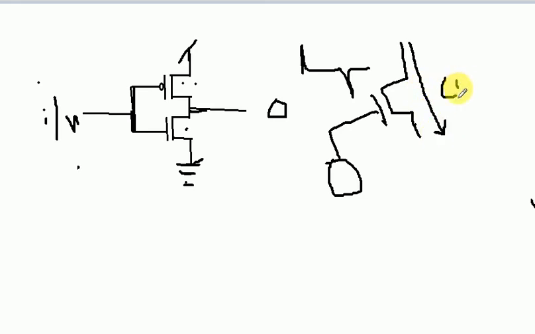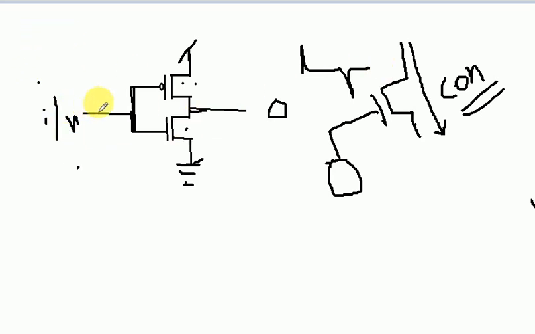That is, in steady state there is constant current and power dissipation. So this may also be a reason that we use CMOS instead of this.